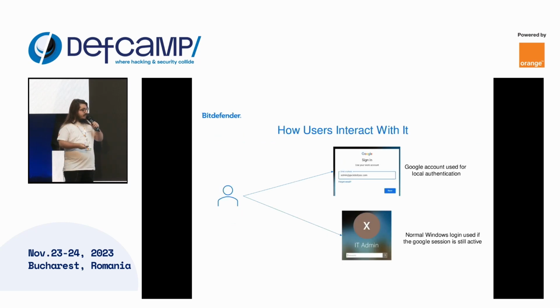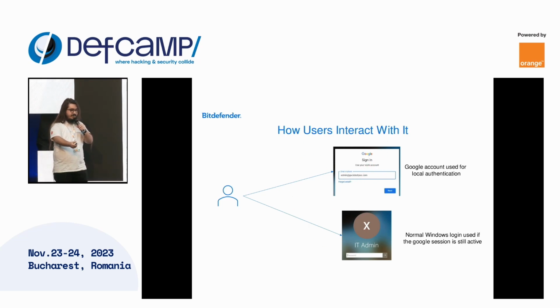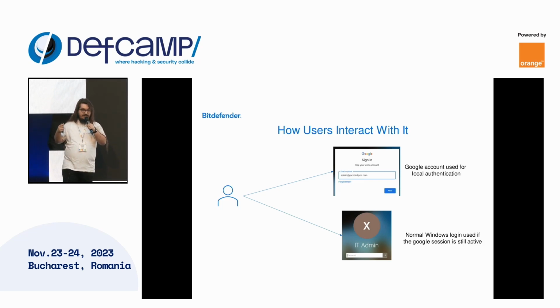Okay, how do users interact with it? Essentially, when a user opens up their laptop and tries to log in, they will see one of two screens. The first screen is a Windows login form that users need to fill out to log into their computers, and some other times it might be just a regular Windows login form.